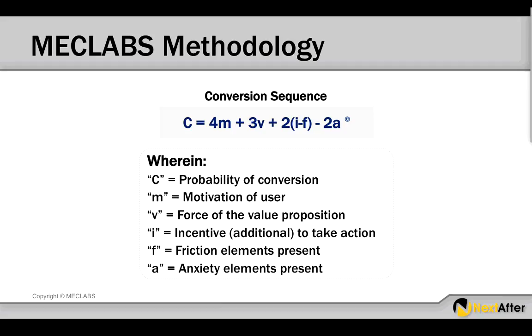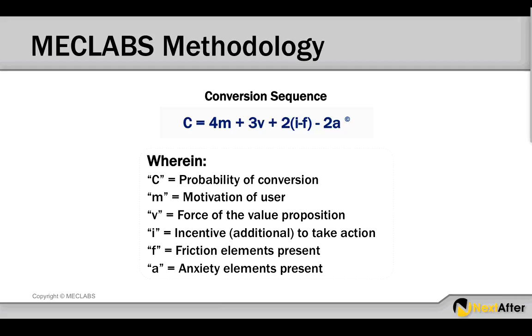M stands for motivation, the primary factor that influences whether or not somebody says yes is their primary motivation for coming to the site. Why did they come there in the first place? What is their intention upon coming? Then the next thing, again, according to Mech Labs research, that influences the conversion is the understanding and the force of the value proposition.